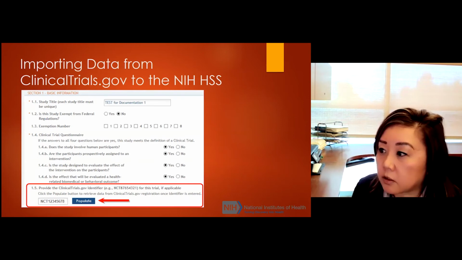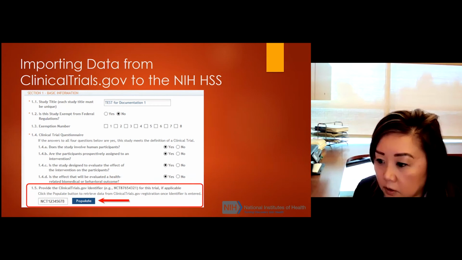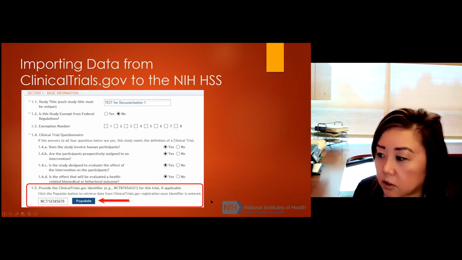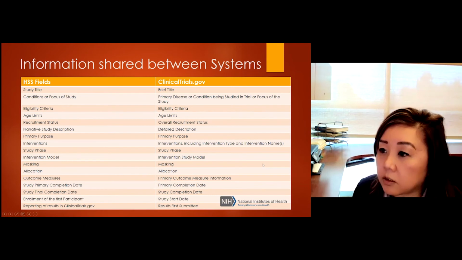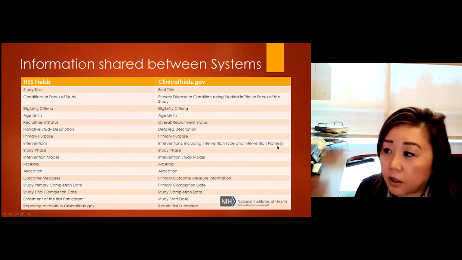So this is from the human subject system in ASSIST, and then they'll ask for the clinicaltrials.gov number. This is just an example of what it looks like where they ask for that information.